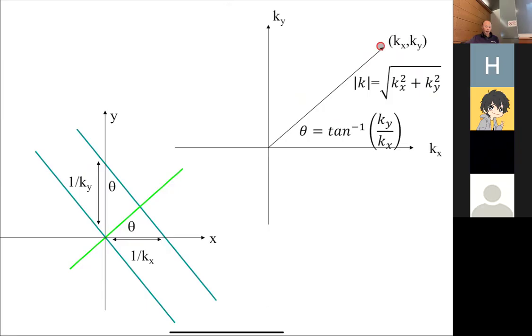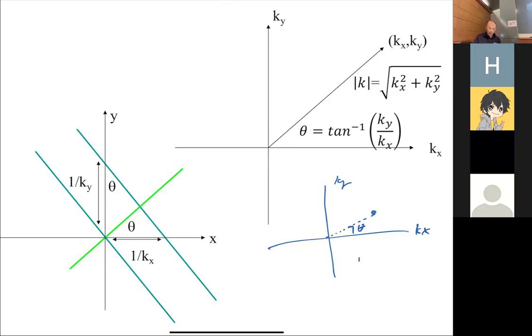And then the relative combination of kx and ky tells you at what angle the variation is. So for example, let's say in kx, ky space, I have some component here, then I can imagine drawing this vector out to here and that angle of theta.